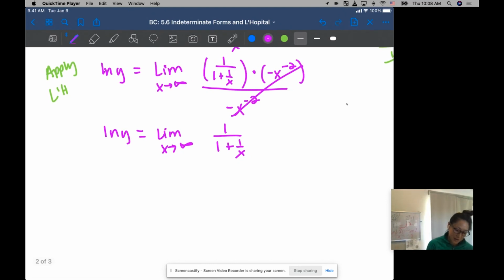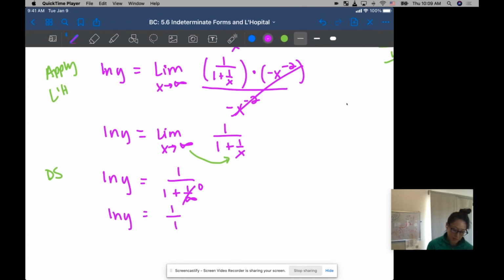Okay, now we're going to direct substitute the infinity in. So I get the ln of y is equal to 1 over 1 plus 1 over infinity. And 1 over infinity we know goes to 0. So I just end up with the ln of y is equal to 1 over 1, which is 1.